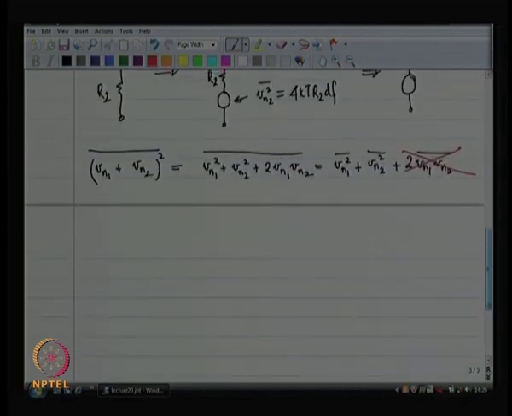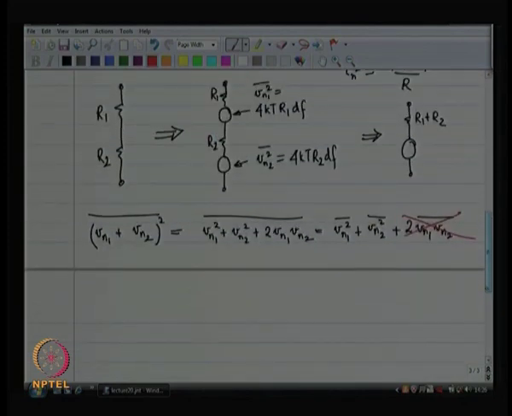This means that the mean squared of the sum of the two is equal to Vn1 squared plus Vn2 squared. So I can model this as 4kT R1 df plus 4kT R2 df, which is equal to 4kT (R1 plus R2) df.